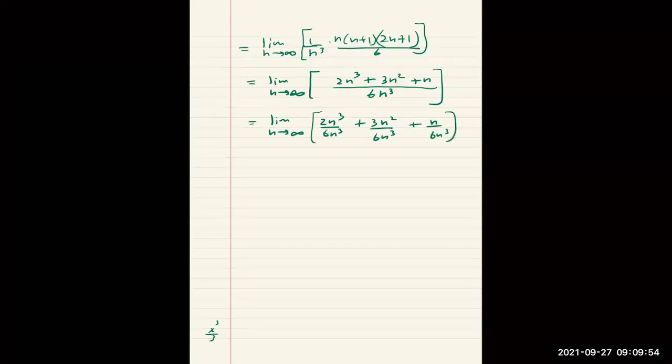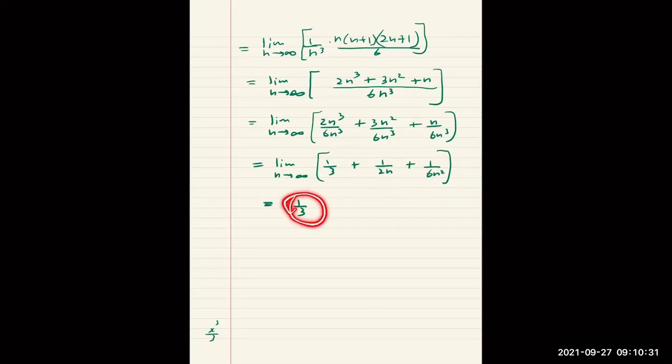Now, if you simplify this a little bit further, you get the limit as n approaches infinity of 1/3 plus 1 over 2n plus 1 over 6n squared. As you can see, as n approaches infinity, these two will be going to 0. So the only remaining thing is 1/3. So your answer is 1/3.